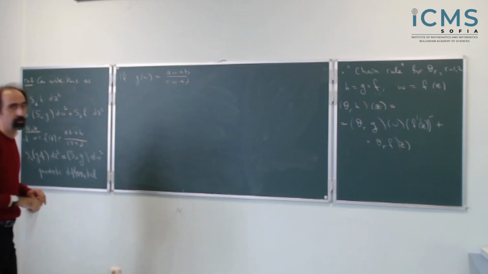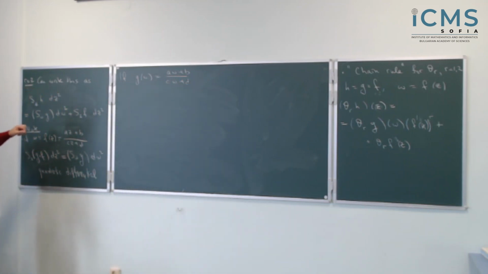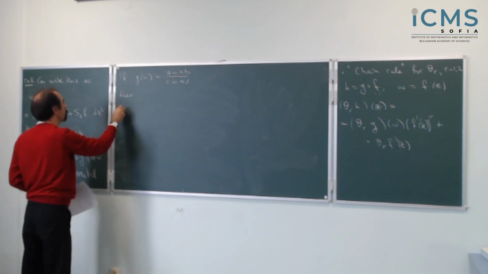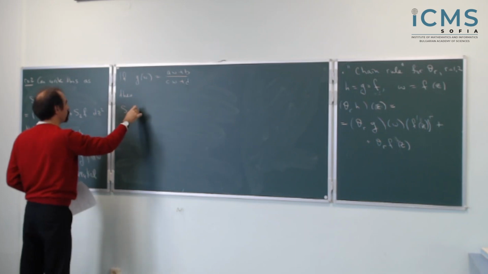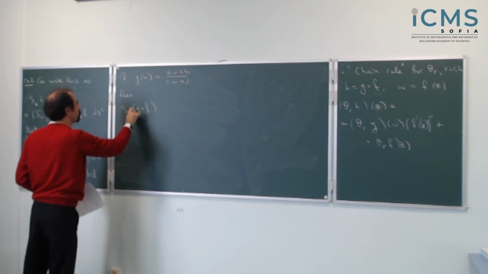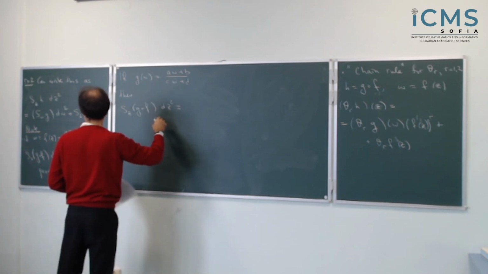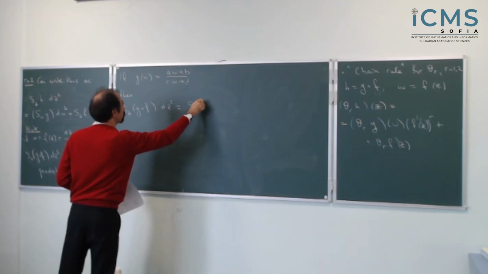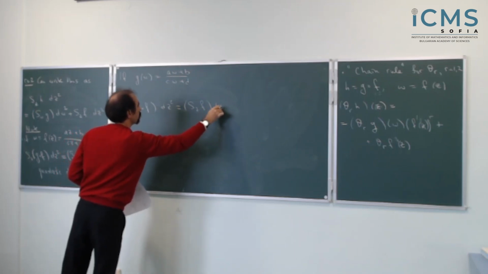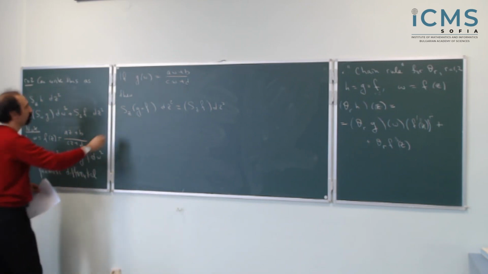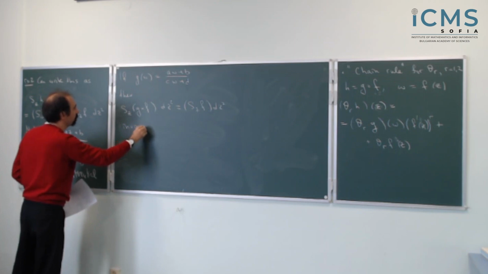If we take g to be fractional linear, then this term would be gone, and we're just getting invariance. The Schwarzian of g after f, dz squared, is this S_z of f dz squared. So we have a kind of invariance property.